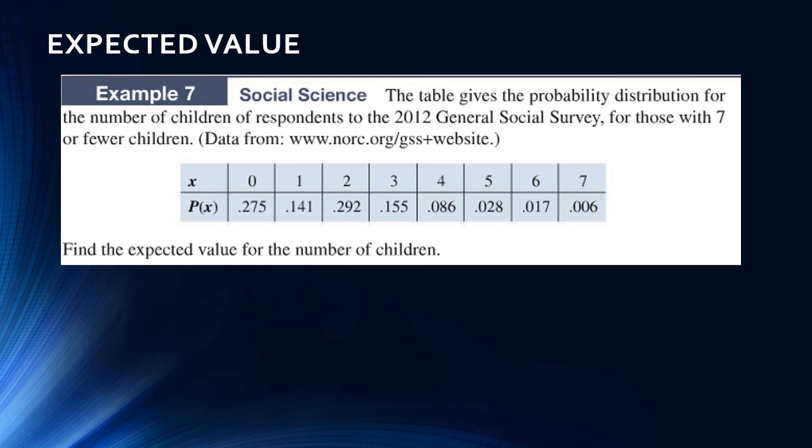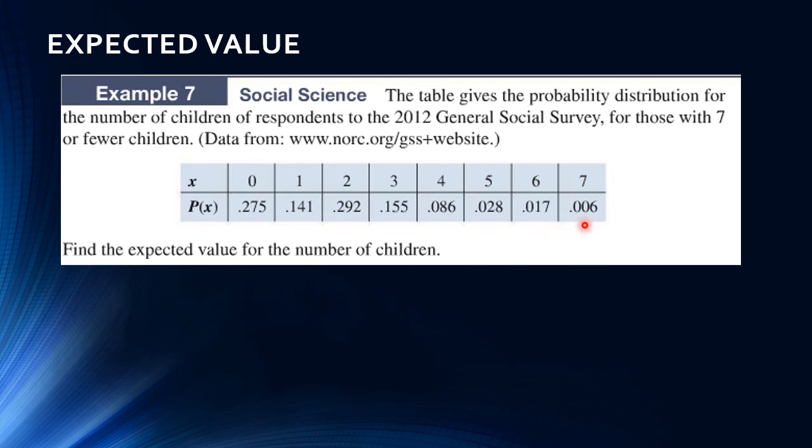The following table gives the probability distribution for the number of children of respondents to the 2012 General Social Survey for those with 7 or fewer children. Find the expected value for the number of children. Now, this is the easiest type of problem from this chapter because you know the formula for expected value is simply multiply the random variable times its corresponding probability and then add them all up together.